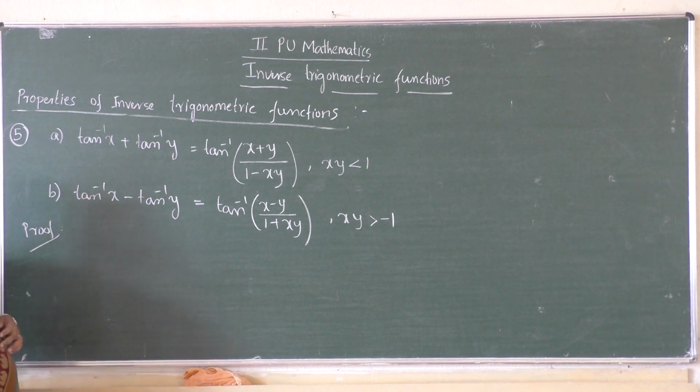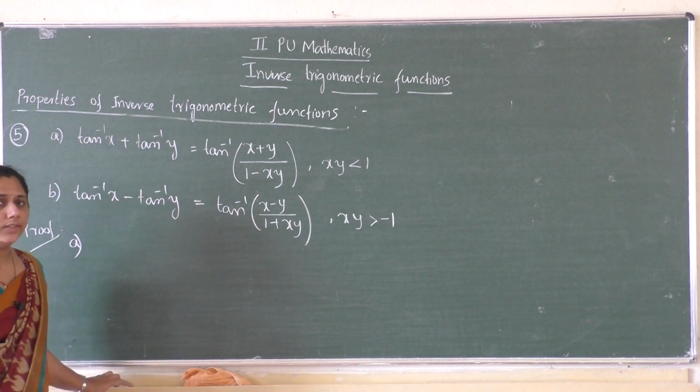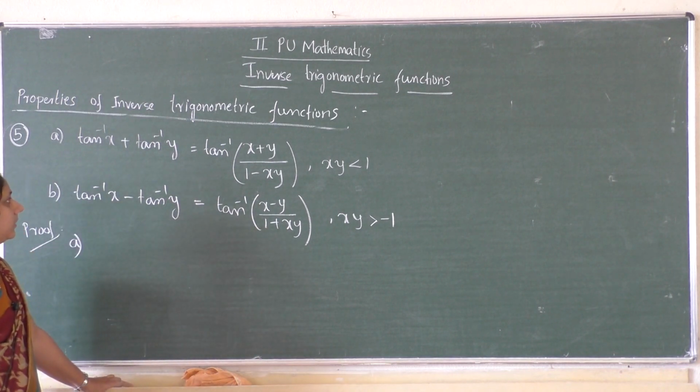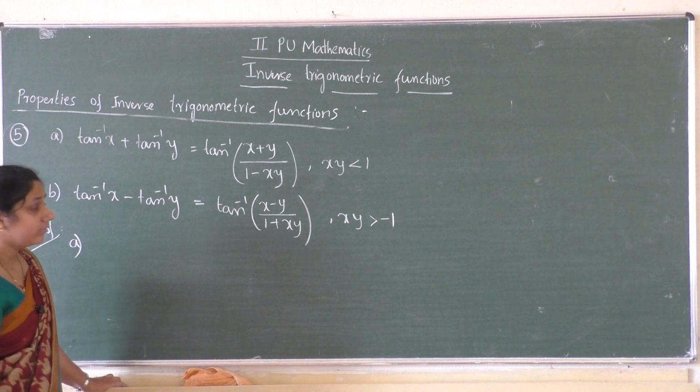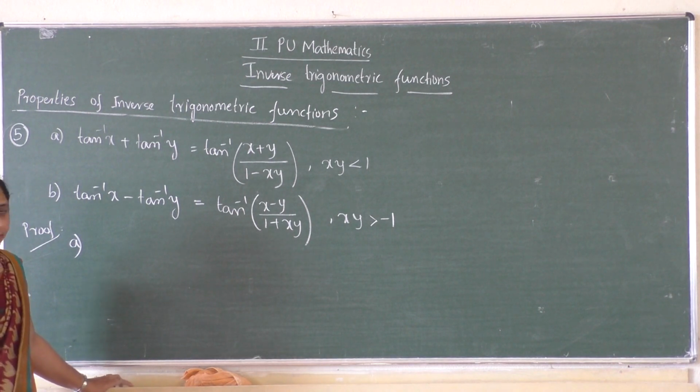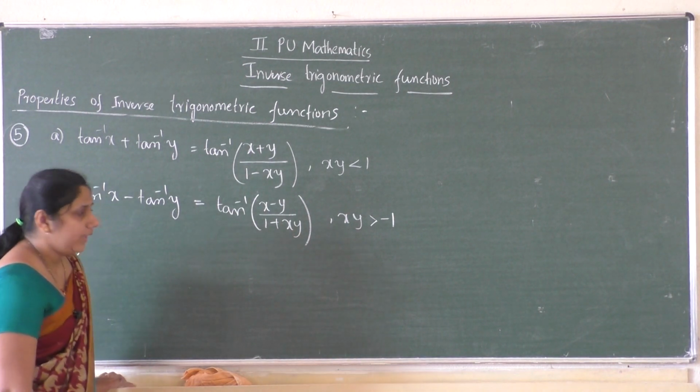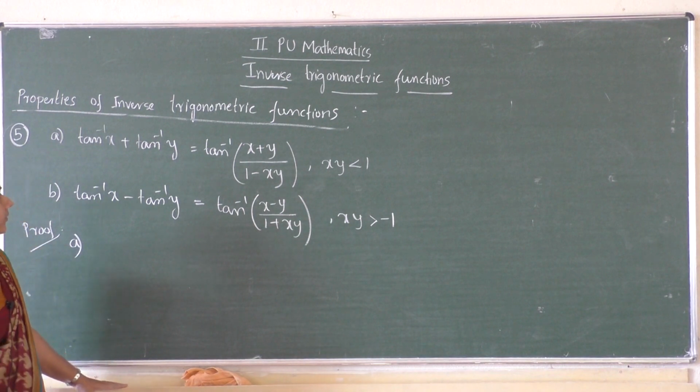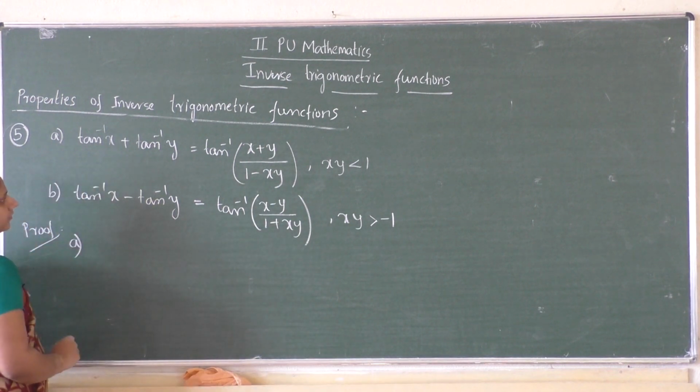So we have to prove this. What we have to prove in the first one: tan inverse x plus tan inverse y equal to tan inverse of x plus y by 1 minus xy, where x into y less than 1. So we have to prove this.